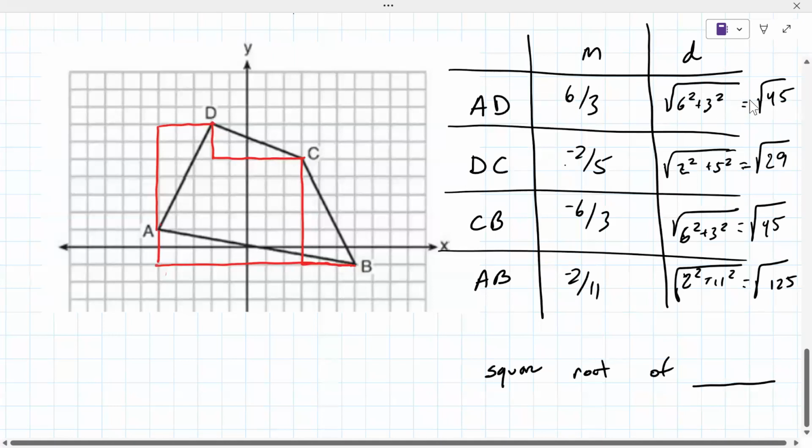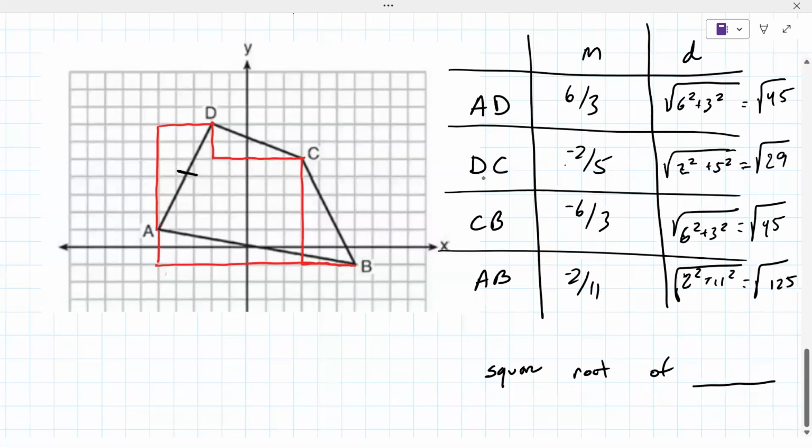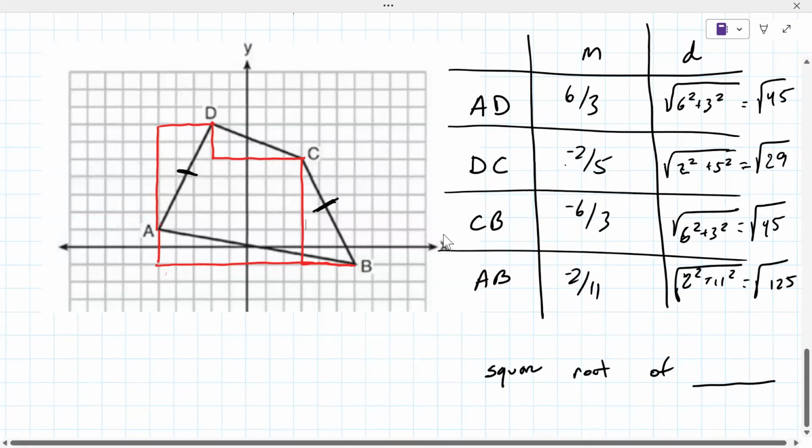So then you look at these and you see that AD is congruent to CB. I would recommend labeling that, but that's not enough for anything. It's not enough for a kite because the other ones aren't congruent either.